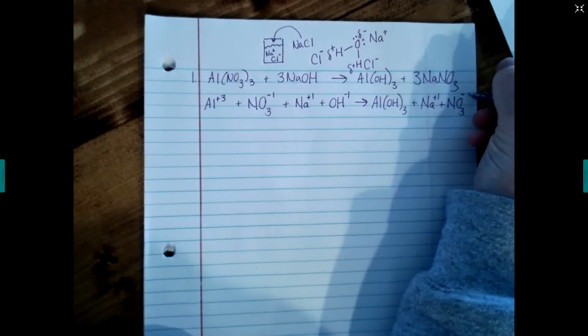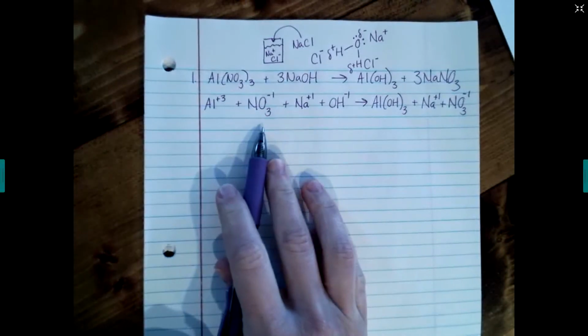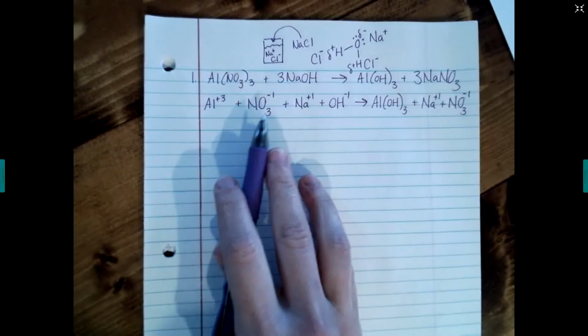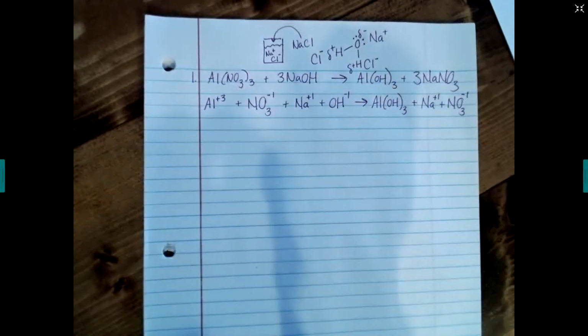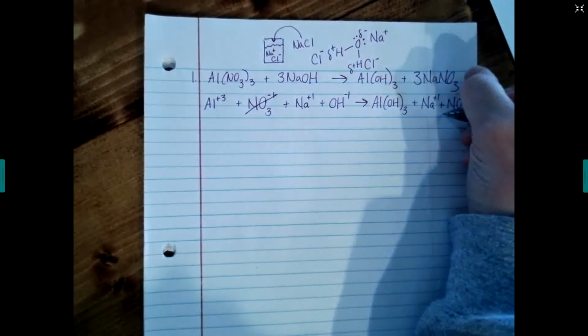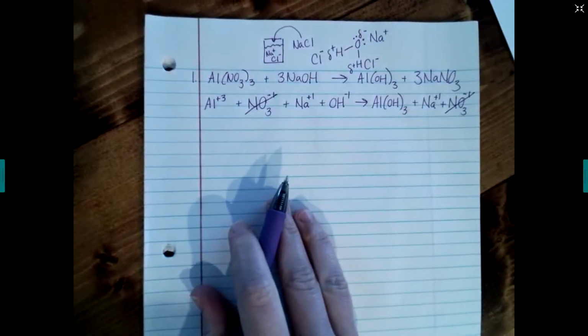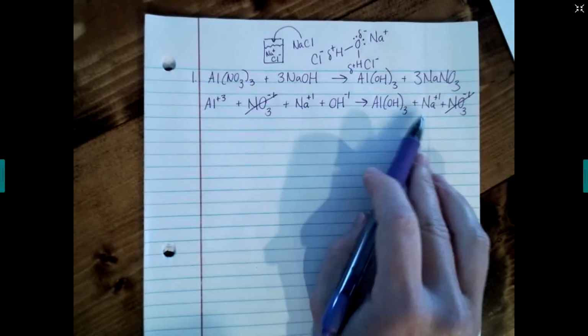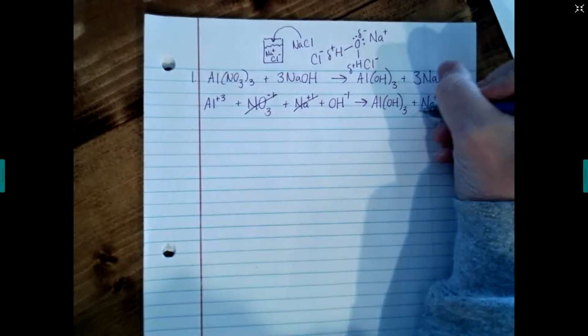Okay, so now we're going to look at spectator ions. Those are ions that appear on both sides of the arrow. So nitrate would be a spectator ion. We're going to cross it out. Nitrate does not take part in this reaction. And then sodium appears on both sides of the arrow. So we're going to cross that out.